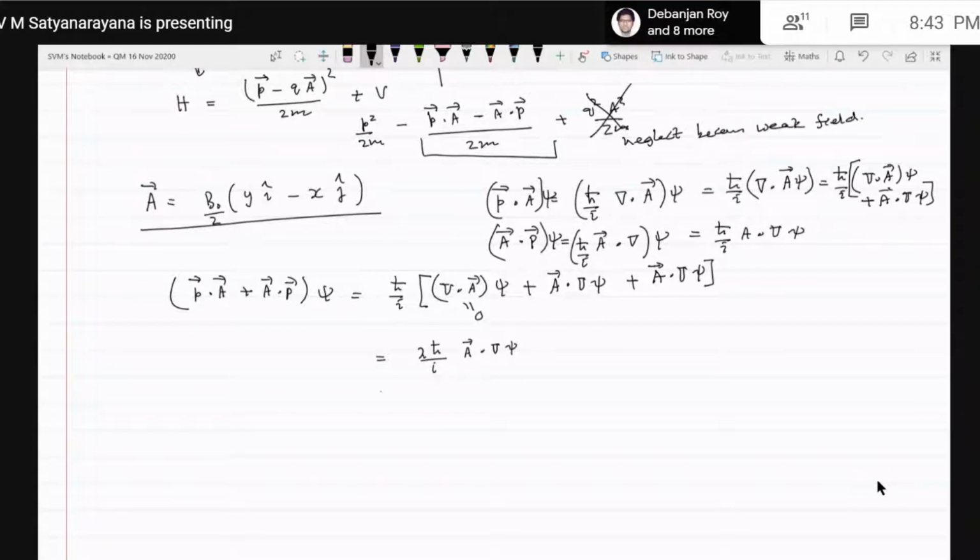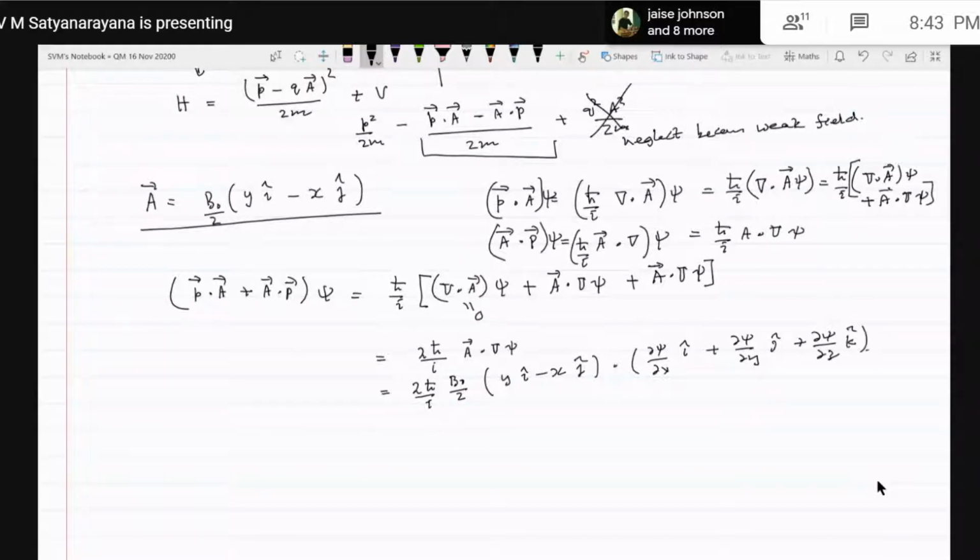So that is equal to 2h bar by i into B naught by 2 into y times i minus x times j dot i dou by dou x plus j dou by dou y plus k dou by dou z, times psi. So you can see that this 2 will cancel.